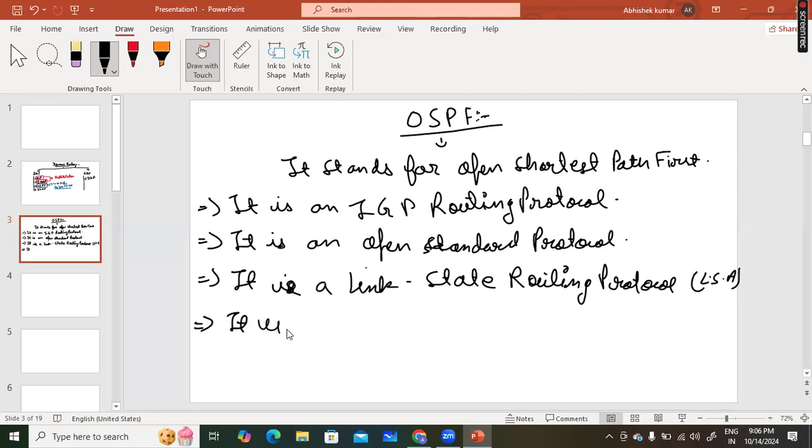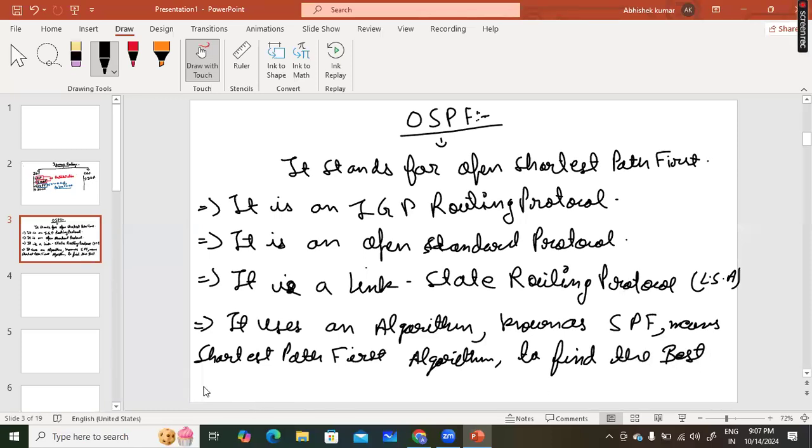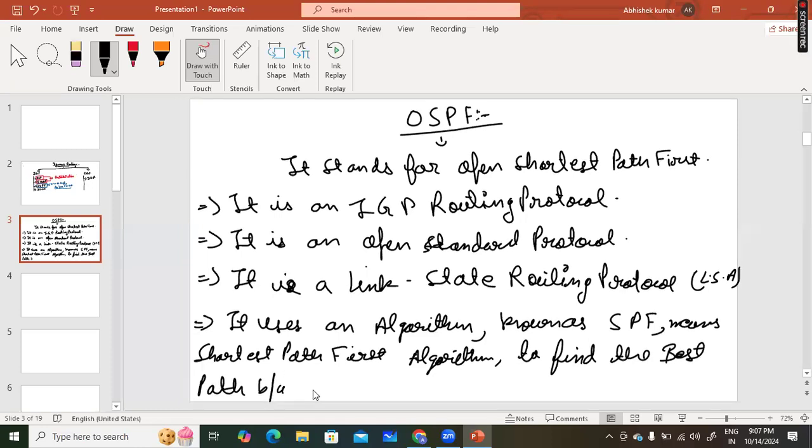It uses an algorithm known as SPF, the Shortest Path First algorithm, to find the best path between source and destination.